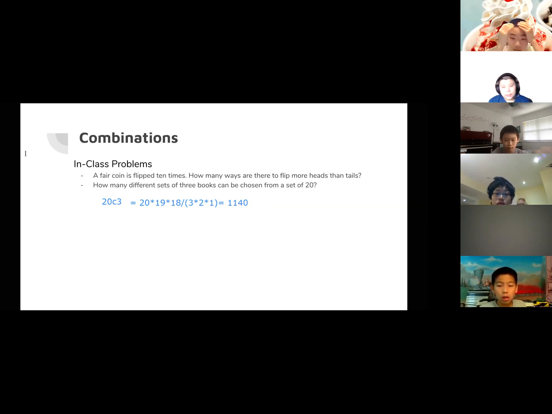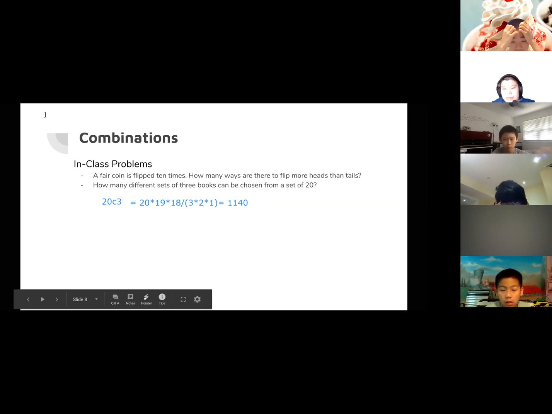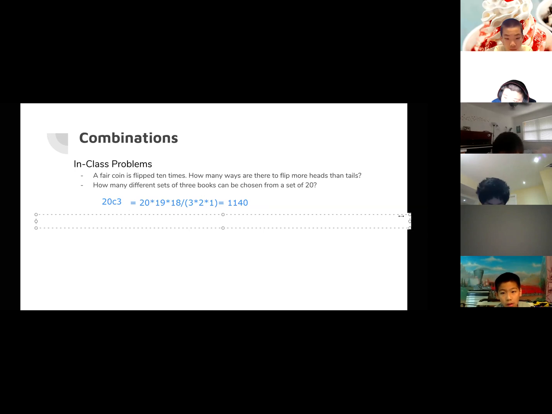Next one. A fair coin is flipped 10 times. How many ways are there to flip more heads than tails? This one actually is a bit harder because the easiest way to do it uses a technique that I haven't told you before. Here's an idea: just use symmetry.